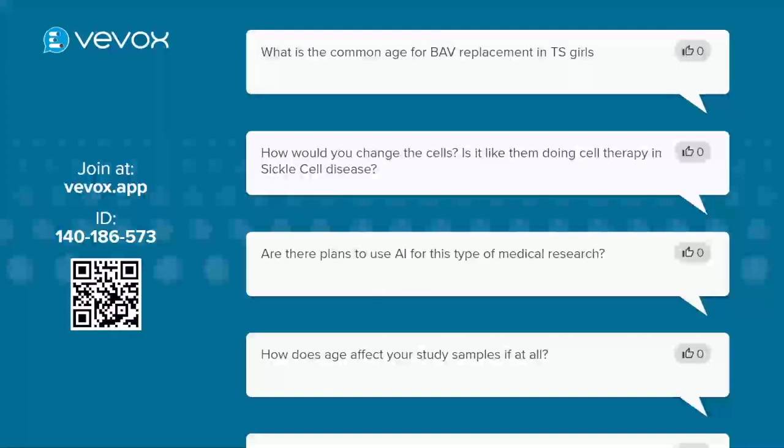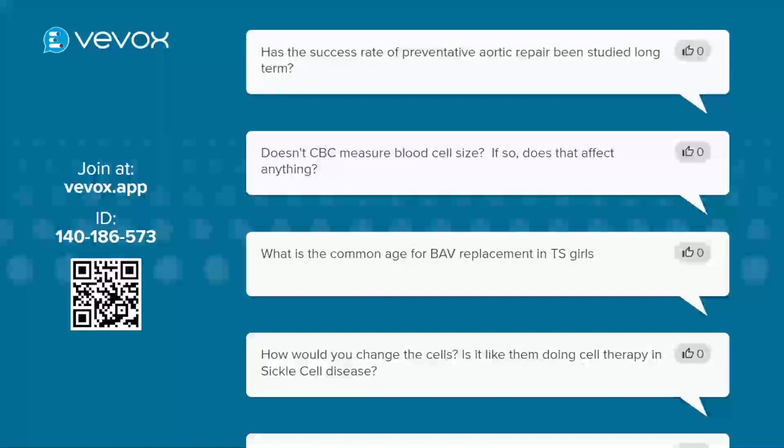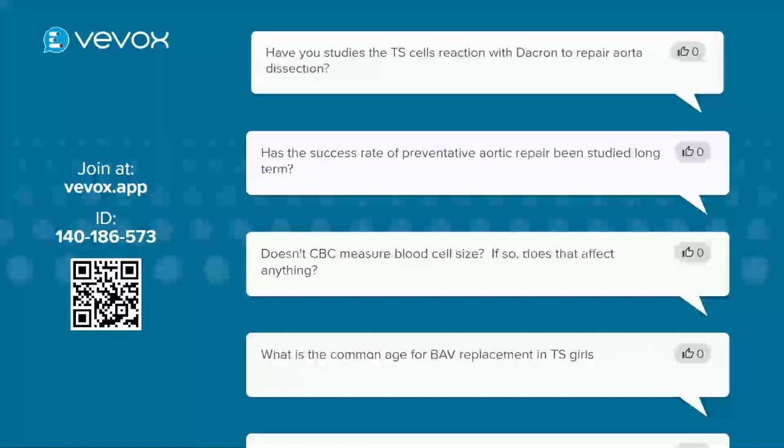Let's see. How does age affect your study samples? So that's a great question. In most cases, we prefer to have samples from younger people with Turner syndrome. The reason is that it's easier to make stem cells from younger people. It's true for everyone, not just Turner syndrome, that your cells become less resilient as you get older, and so it's harder to make stem cells.